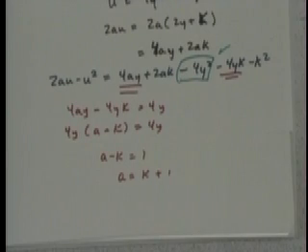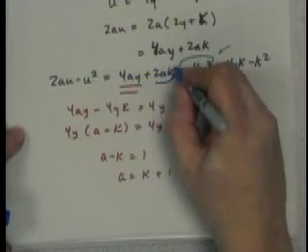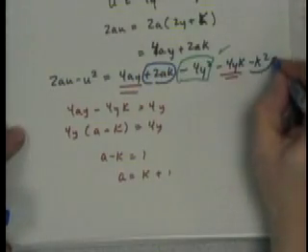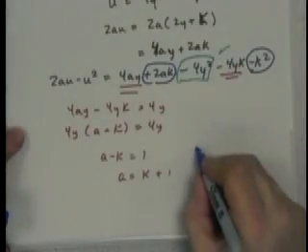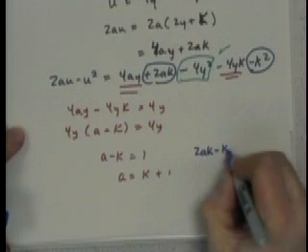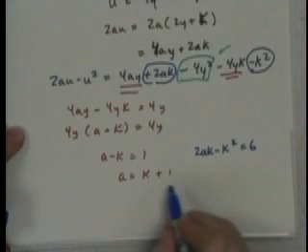Now, if this form is going to work, then the other part that has to match is that 2ak minus k squared has to equal 6. So I'm going to sub k plus 1 in there for a.